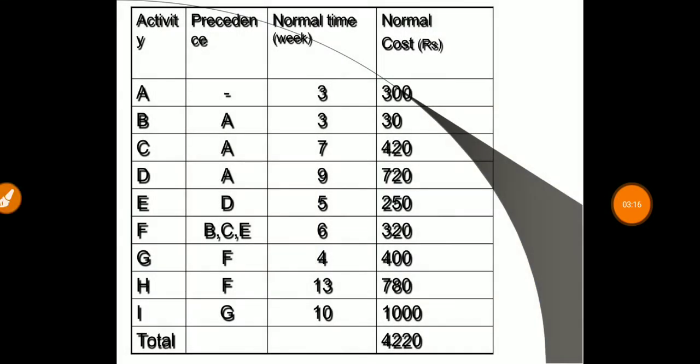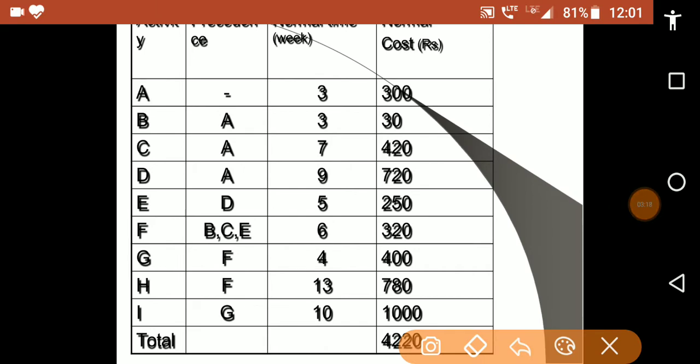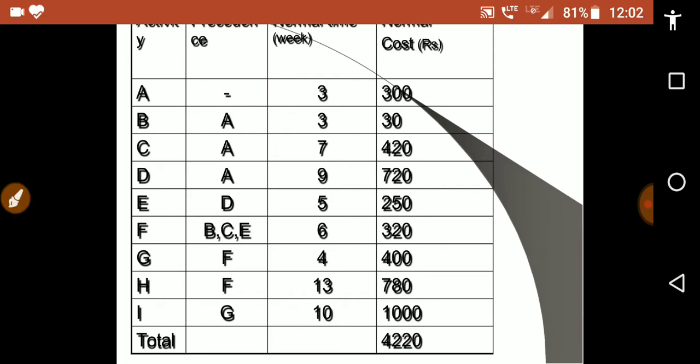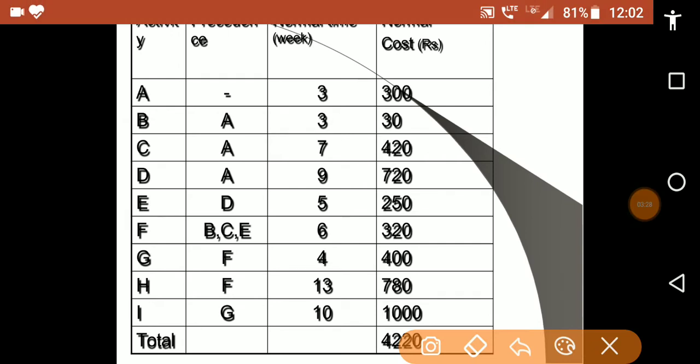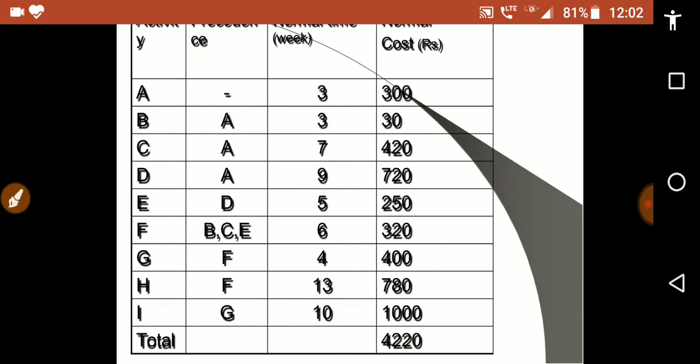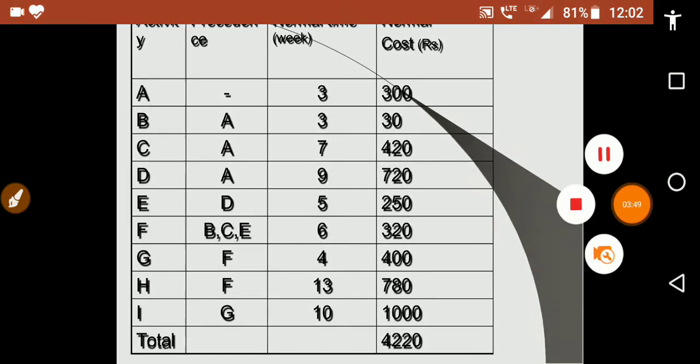So let us see the problem which is solved by the critical path method technique. In the problem, this is the activity, this is the precedence, this is the time in weeks, and this is the cost in rupees. First activity is A, precedence is nothing, total duration is 3 weeks and cost is 300.